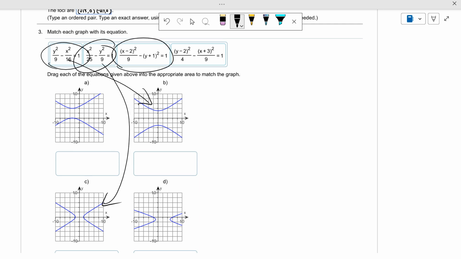The center of this one is 2, negative 1, and it's a right-left one. The center of this one is negative 3, 2, and it's up-down. So you can just figure out where the center is and then figure out left-right, up-down for the matching.